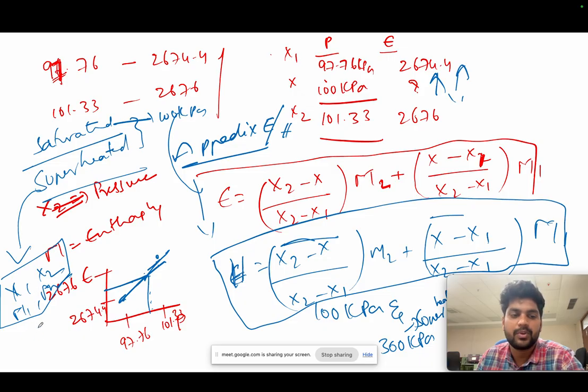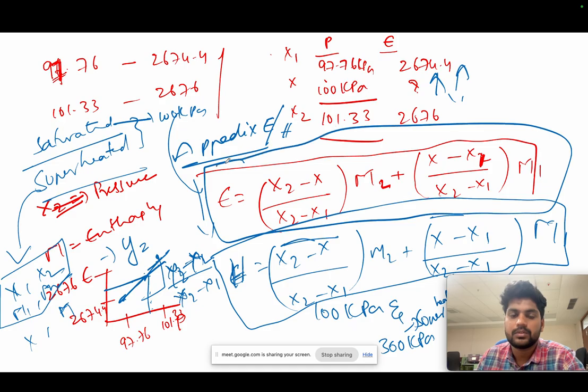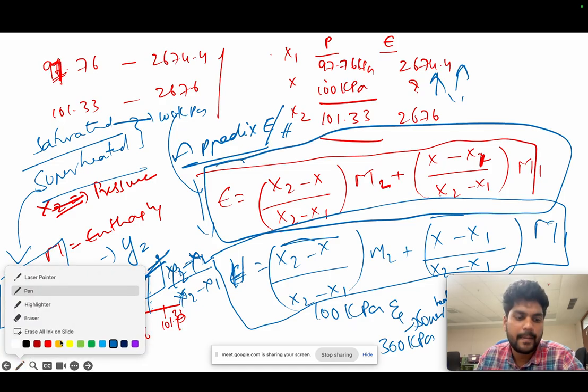You have two different points and you have this point, so then you need to find out the y. The slope of this line is y2 minus y1 by x2 minus x1. So that's the equation we have here. So you can calculate like this.